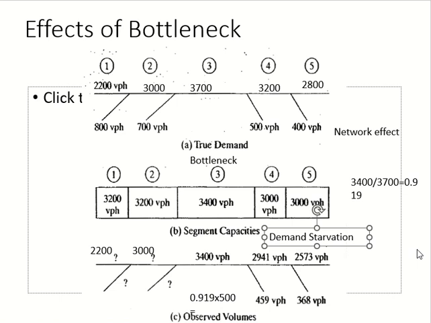A bottleneck. Okay, now if you forget about segment 3, if you just look at segment 4 right now, how much is the demand? 3,200. The capacity is 3,000. So it is supposed to be a bottleneck.